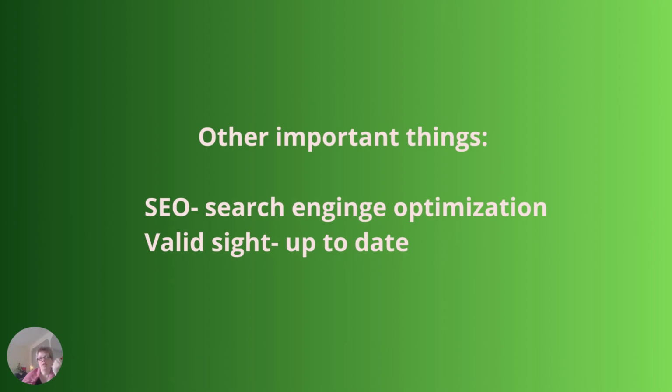But as I have said earlier, creating websites is about doing a lot of things, and there are a lot of things that are important. But I'm not going through everything today because I just want you to start. But you can have a glimpse of what is good to work on further on. One important thing is SEO, search engine optimization.